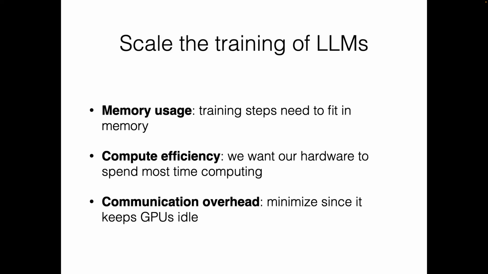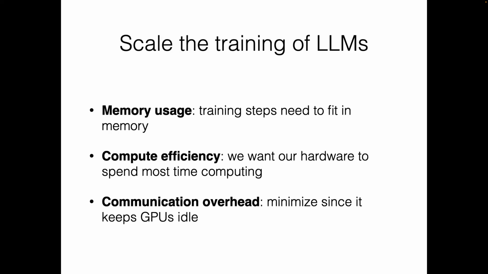Second, if we have all these GPUs available to us, then we want them spending most of their time doing computation. This goes with the third point: we don't want the GPUs to just be idle, say while we're copying the model parameters from one to the other.